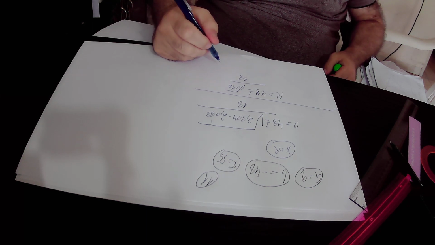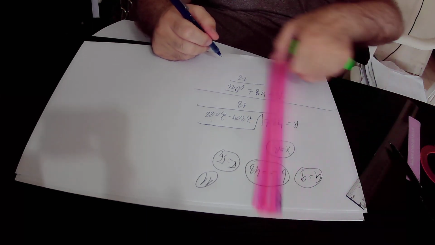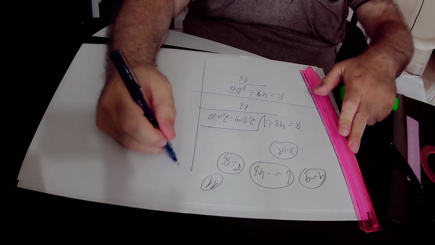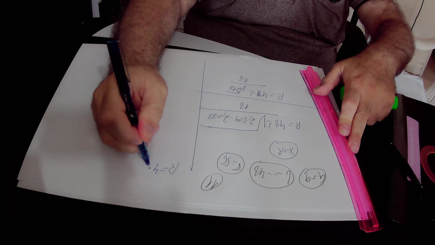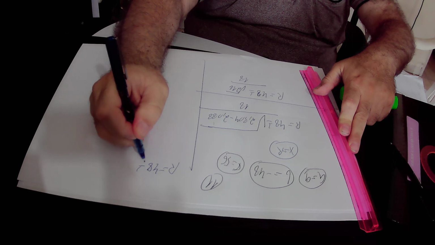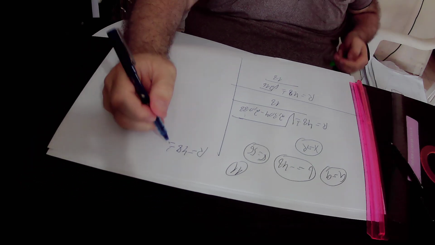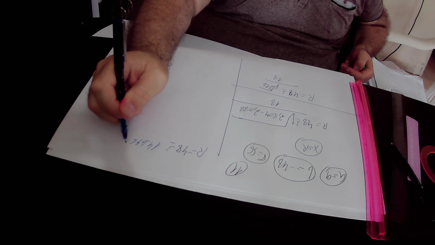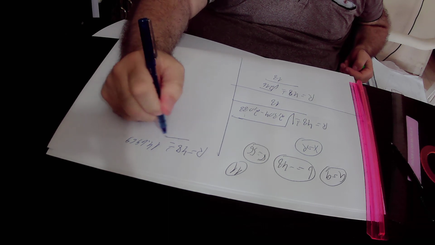So here we have R equals 48 plus minus the square root of 216, which is 14.6969, over 18.